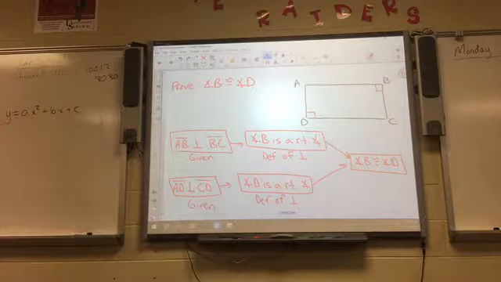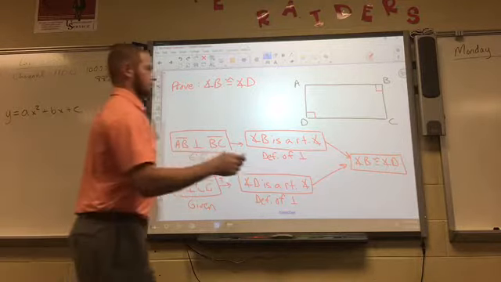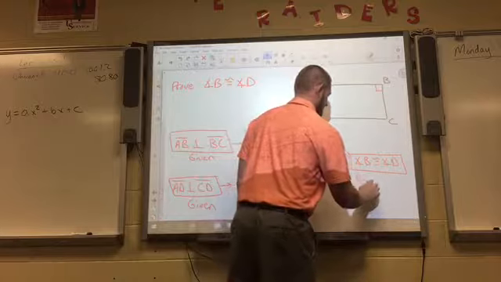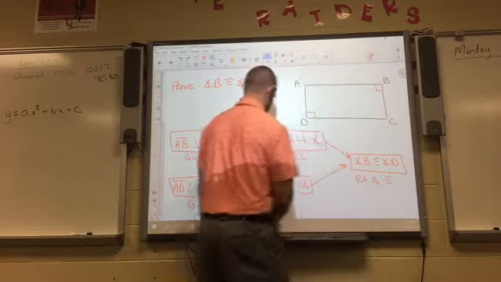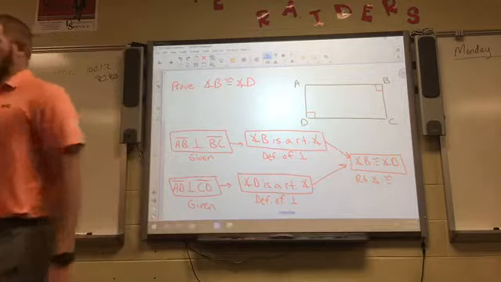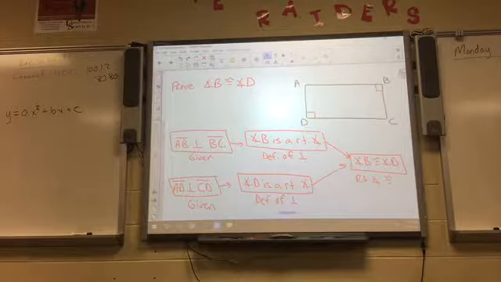Definition of right angle says if it's a right angle, then it's 90 degrees. Right angle congruence theorem. If you want to just abbreviate it like that, that's fine. Right angles congruent. Okay.